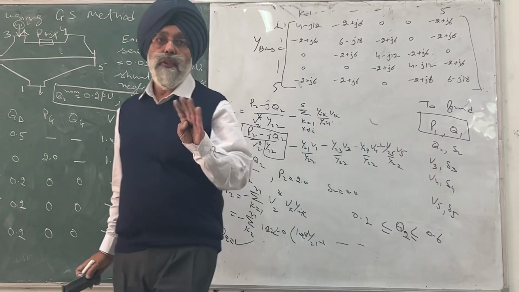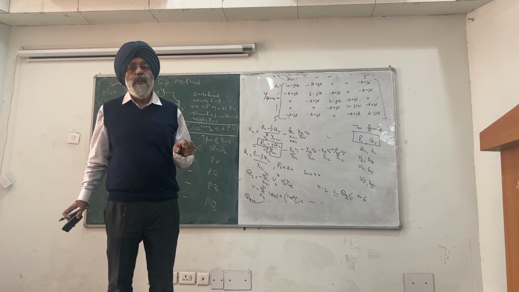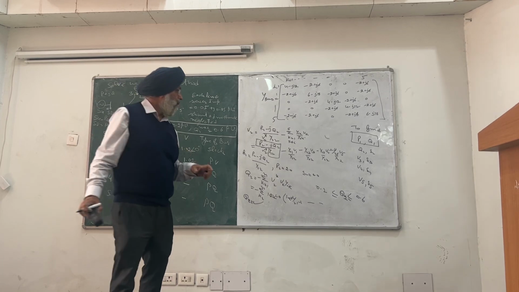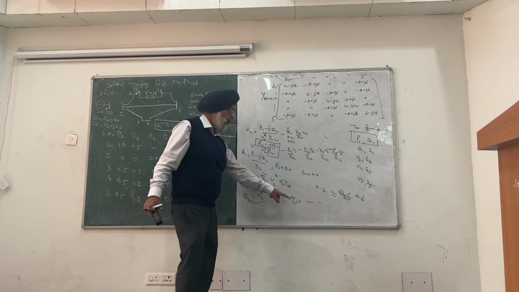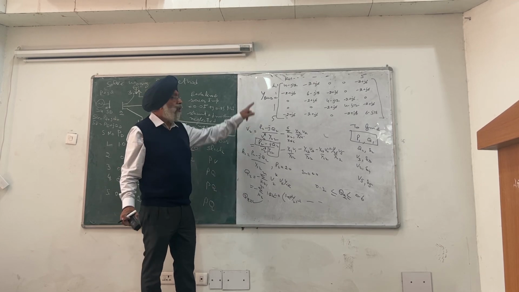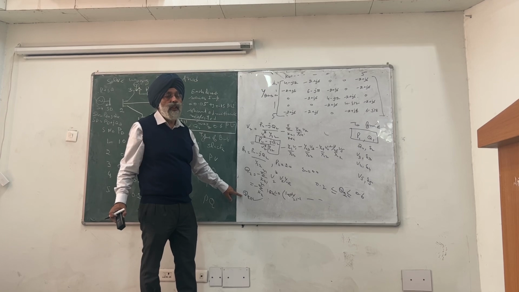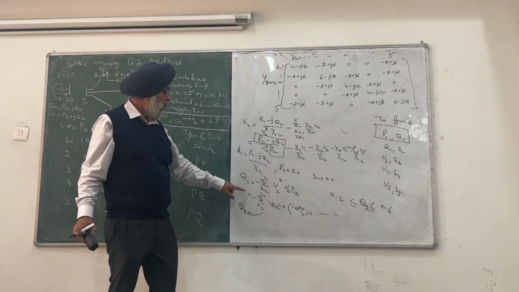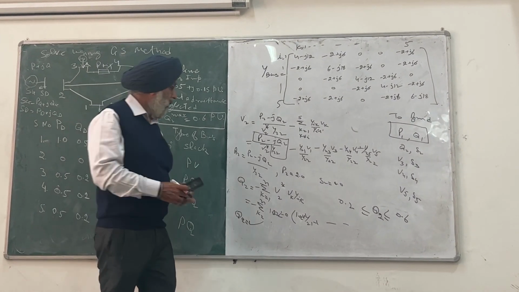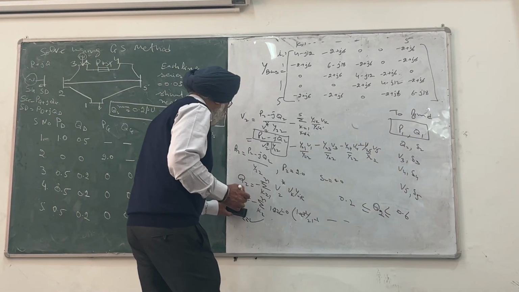Otherwise, we have to fix the value. This equation is giving the value of Q2. We already formulated the Q2 equation, so in that equation you can substitute. In terms of sine and cos terms also we have this value. Yes. Like this.